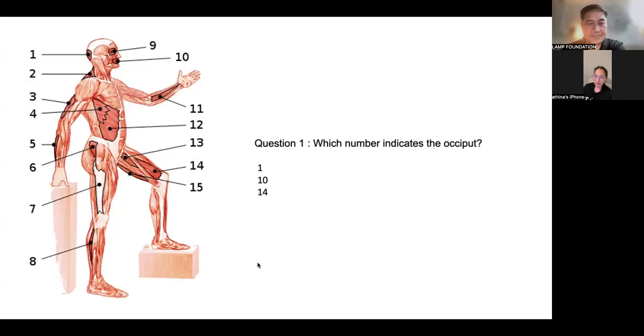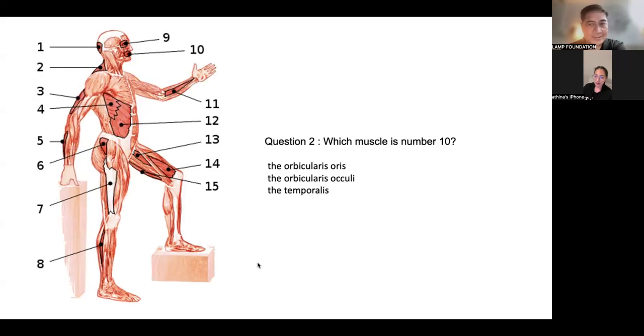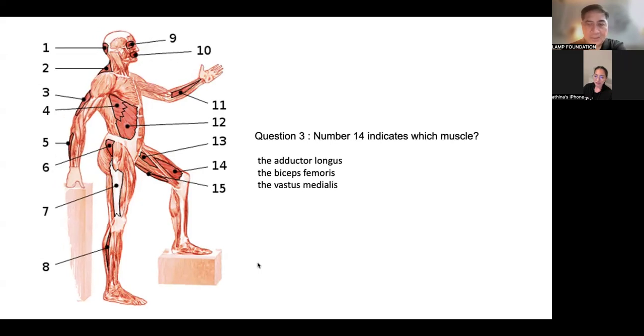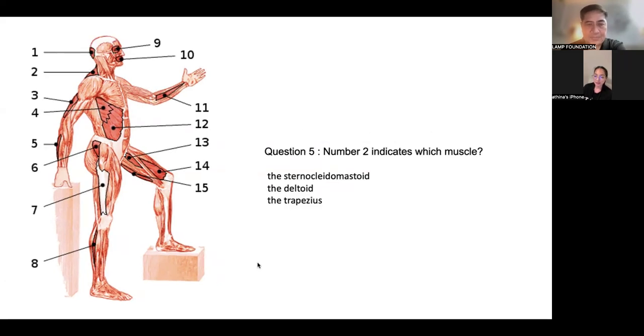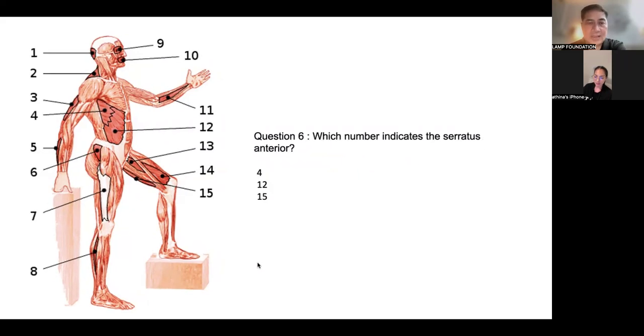Occiput, number 1. Number 10, the orbicularis oris. Number 14, that's the vastus medialis. Number 12, that's the external oblique. Number 2, that's the trapezius.